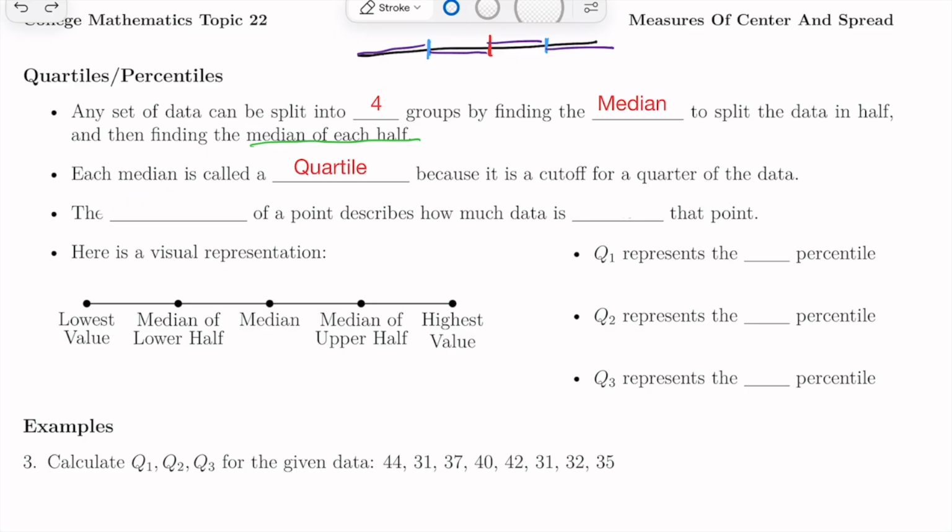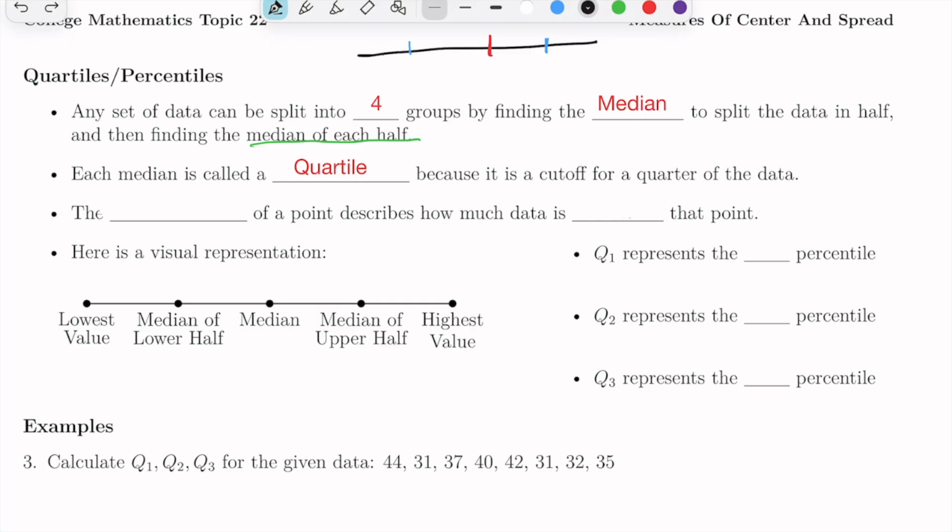In fact, I'm going back. So, for example, this data right here, there's 25% of the data in that section. There's 25% of the data in this section here. There's 25% of the data in this section here, and 25% of the data in this section here. Now, if they're all 25%, then that's how we get our 100% of the data, right?